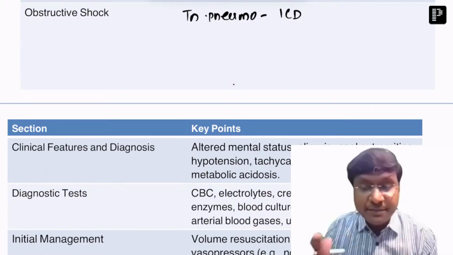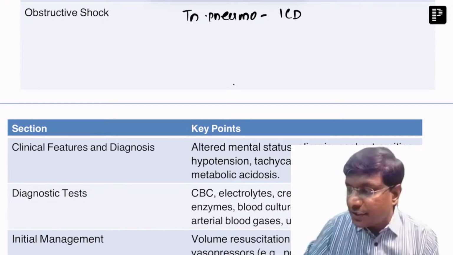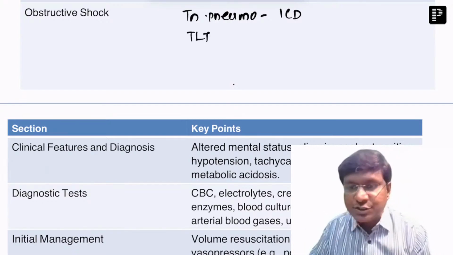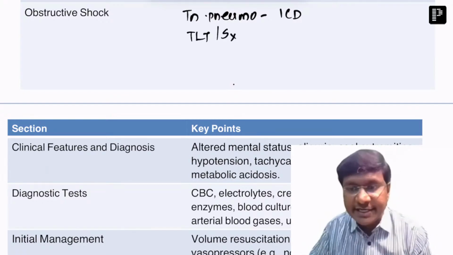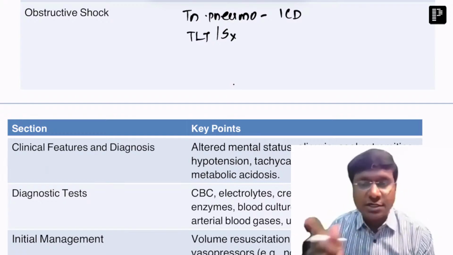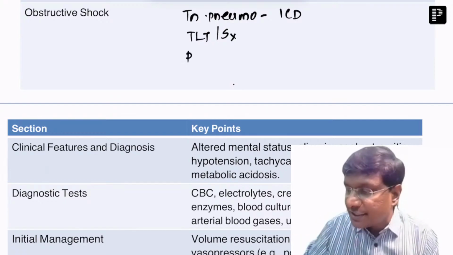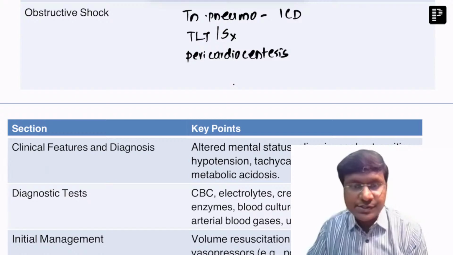Now, if pulmonary embolism is the cause for the obstructive shock, then thrombolytic therapy has to be given, right? Or embolectomy has to be considered. That is, surgery has to be considered. Now, if cardiac tamponade is the cause for obstructive shock, then you need to plan for pericardiocentesis, right?